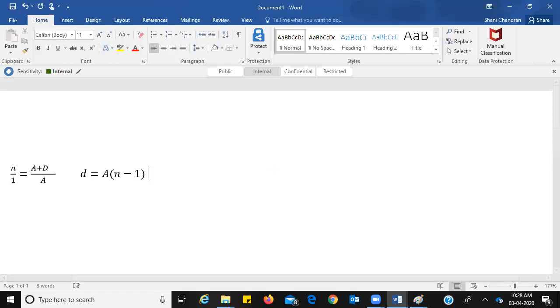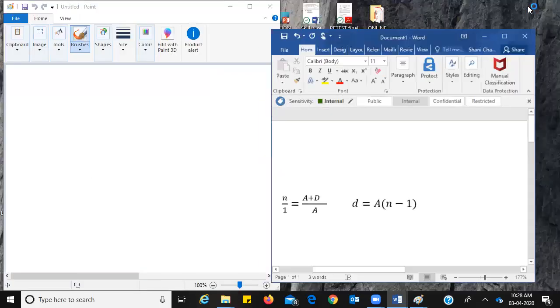If I have a formula like this, what will decide the deviation?